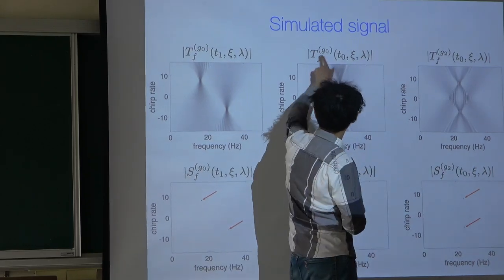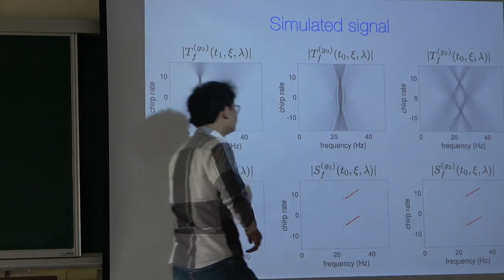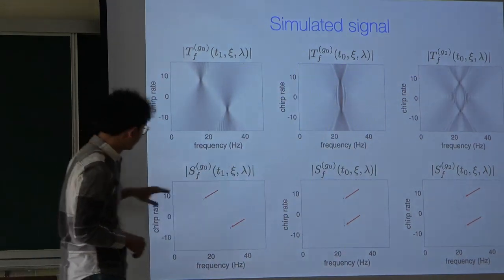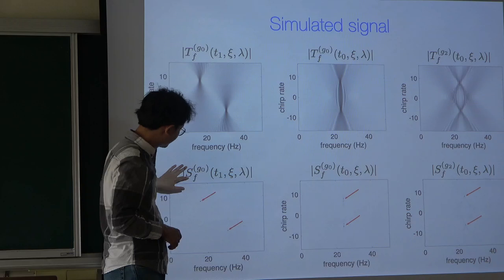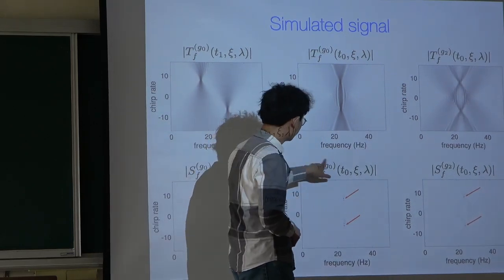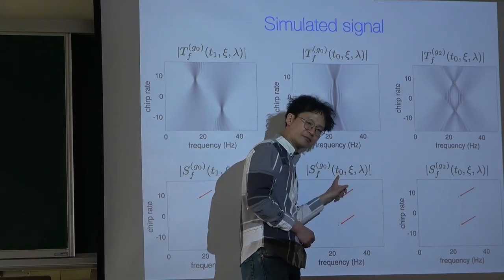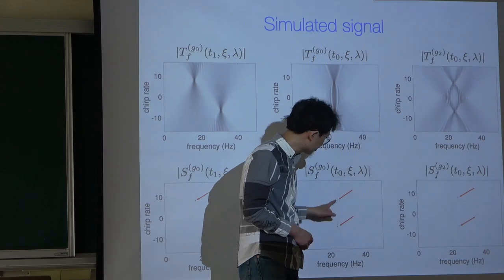And in the Chirplet transform, you can see a lot of interference. Okay, but after the synchrosqueezing transform, you see 2 points, very clear. Okay, and in the synchrosqueezed Chirplet transform, you see at the interference point, you have 2 points as well.